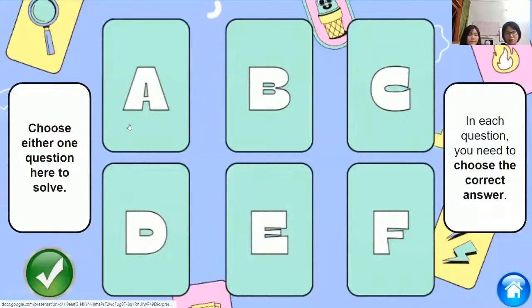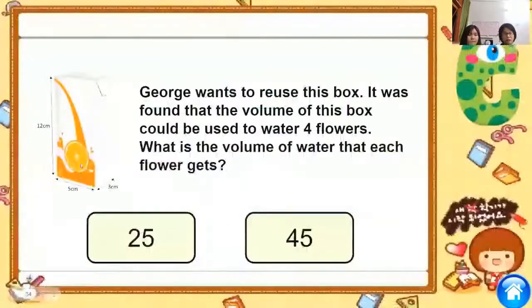After the students have completed all of the 6 questions, they can click on this green tick button. Let's look at question E here. As you can see from this question, there's an element of Go Green, which is reuse.